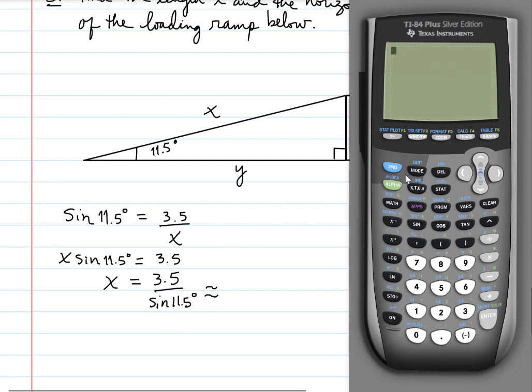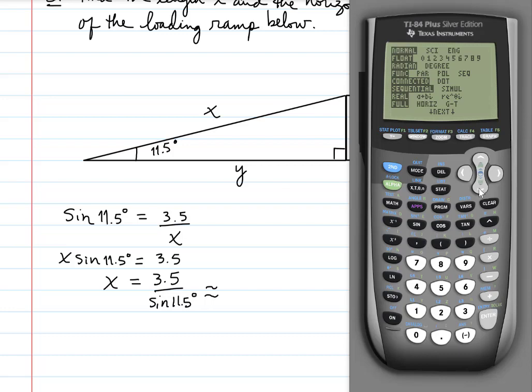Now we're doing degrees here. Typically the calculators are set by default to radians. If you go to mode and scroll down and move over, you have to click and change it to degrees so that this will work. Otherwise it's going to assume you're inputting radians, and that's not what we're doing. You're not going to get it right, especially when you're doing your applications, right?